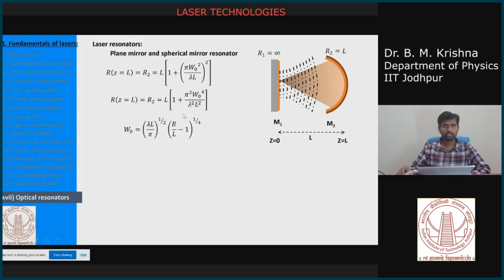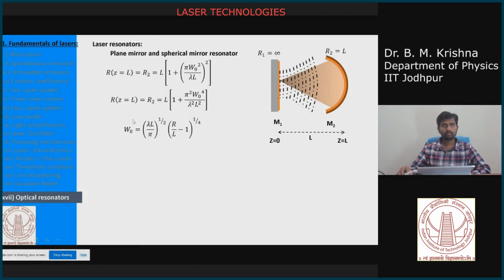Because you see it has square terms, these pi, lambda and all are square terms, we need fourth roots, so we get the root of lambda L by pi, and your R by L. I am taking R2 as R, and since L doesn't have any powers, that gets whole power 1 by 4.